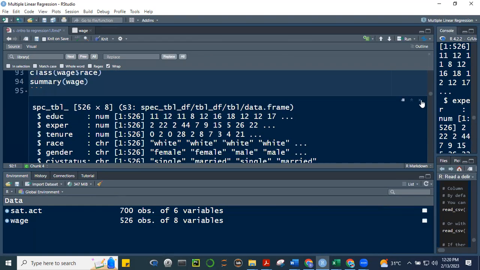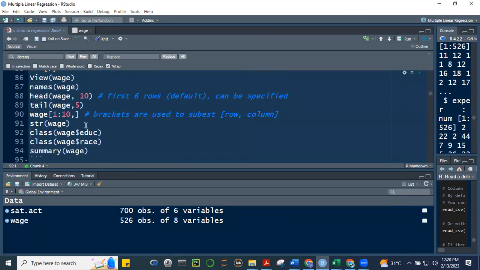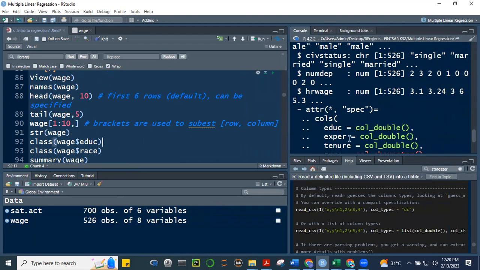Okay. Any questions so far as the structure is concerned? Just kindly type this in your codes. And notice I did not give this to you because I know that you can write this already on your own. And then we can check the class of a particular variable. So we have here education.